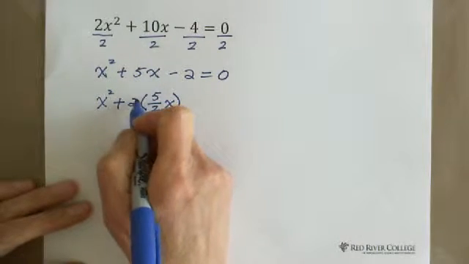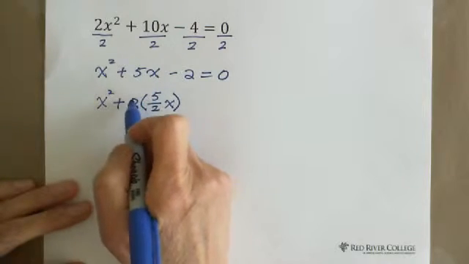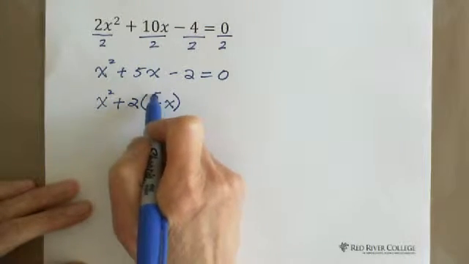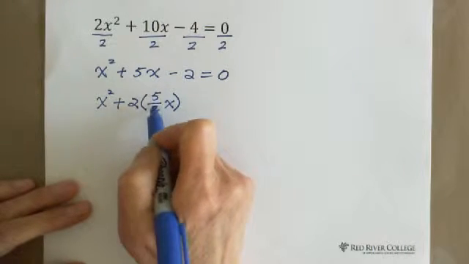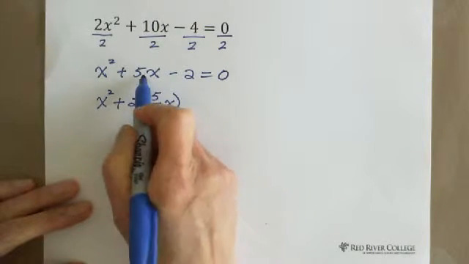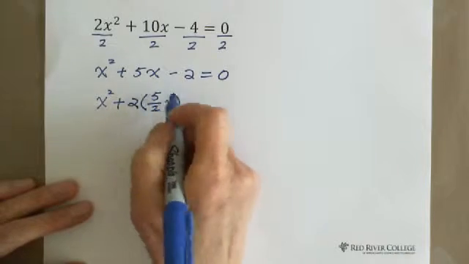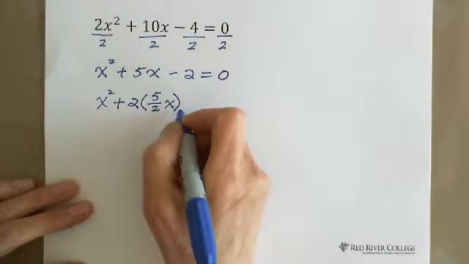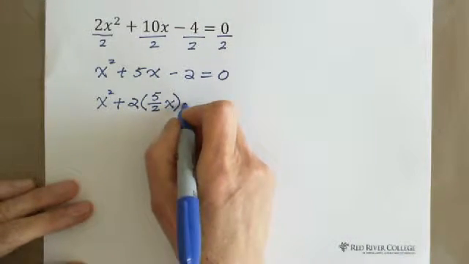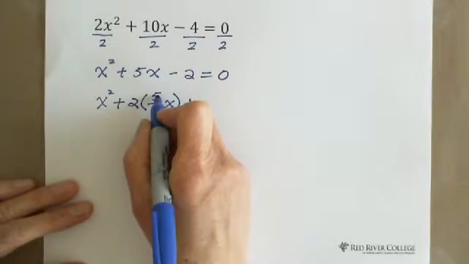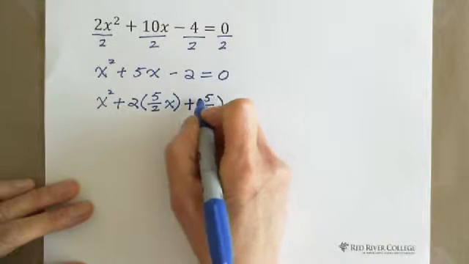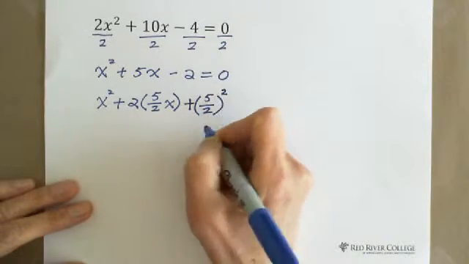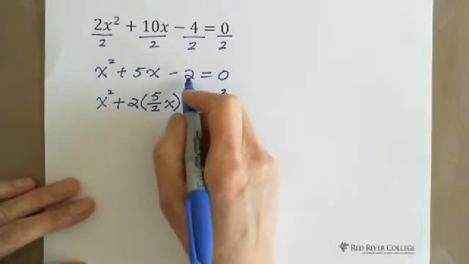Because 5 is an odd number, for a perfect square it's always 2 times something. So 2 times 5 over 2 cancels back to 5. But we need this number to make a perfect square, plus (5/2) squared, but here we have negative 2.